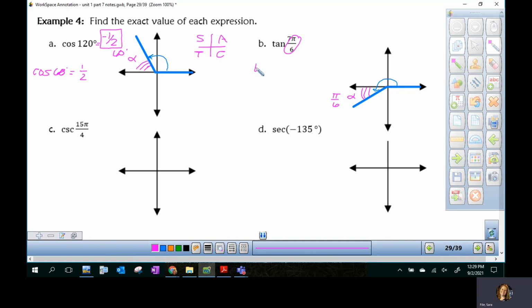So I need to know tangent at pi 6, or 30, and that's root 3 over 3. I'm in quadrant 4, tangent is positive. So tangent at 7 pi 6 is positive, root 3 over 3.